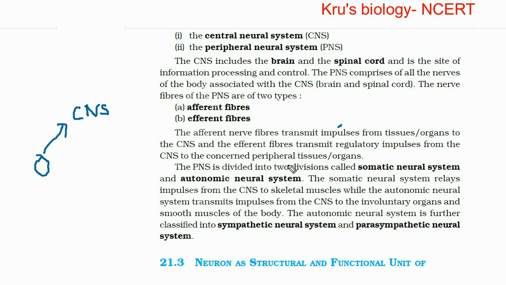Now what are efferent fibers? The efferent fibers transmit the regulatory impulse from the CNS to the concerned peripheral tissue or organs, for example hand muscles or leg muscles.